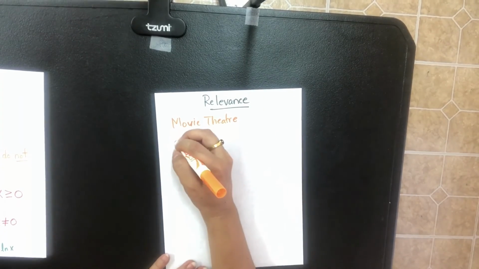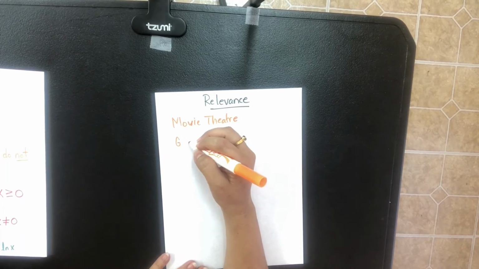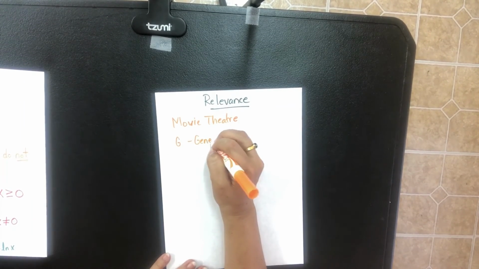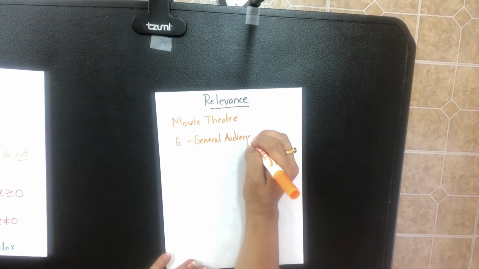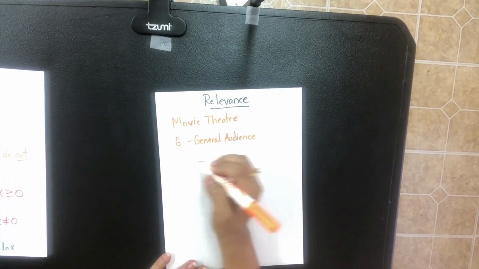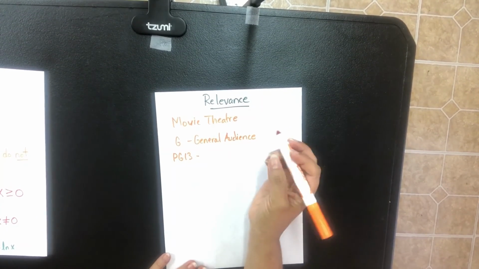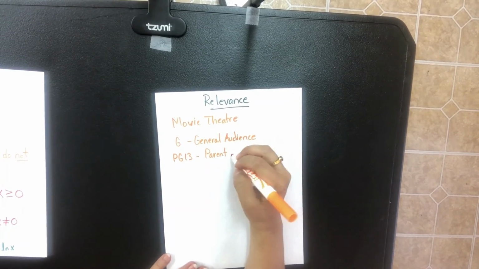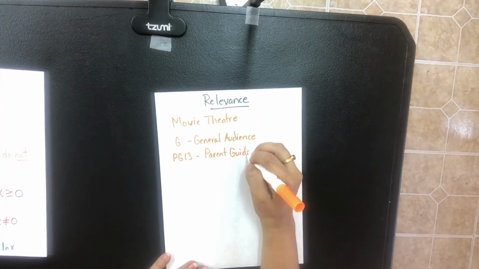But in any event, for example, movies can be G-rated, which is a general audience. PG-13, which could mean that there's parental guidance or caution, especially for children under the age of 13.